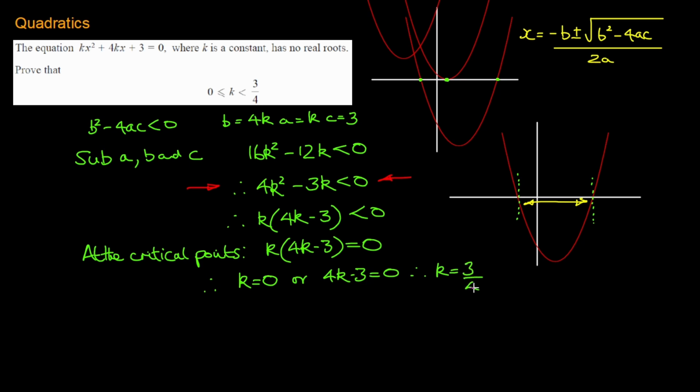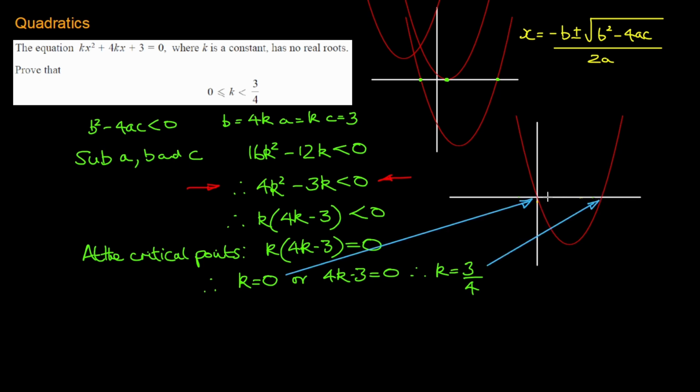So my guess of the goalposts was wrong in this diagram, and let me correct it as best I can, because in fact the curve crosses the axis much more like that. So the region where the curve falls below the x-axis, or should I say the k-axis on this occasion, because these are values of k that we're working out, is between 0 and 3/4.